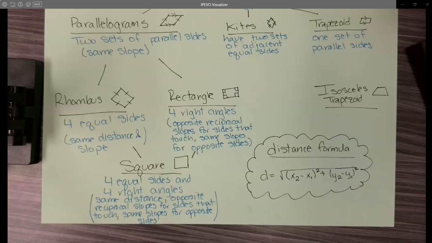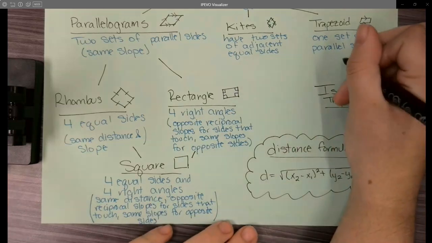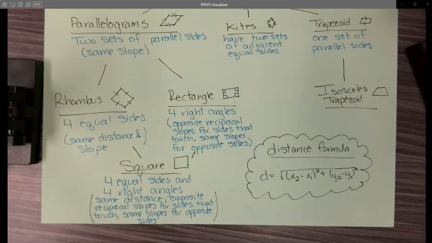The last special kind of quadrilateral I have is an isosceles trapezoid, which is a trapezoid. This one has non-parallel sides that are the same length and cross at the same angles.